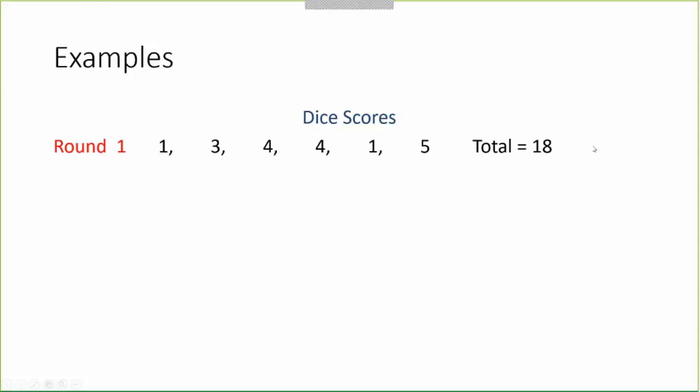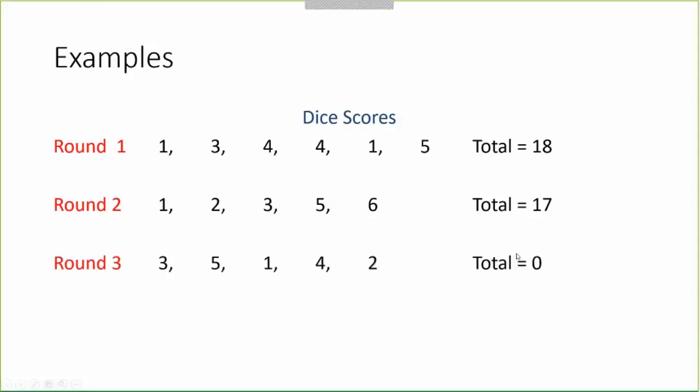So if these were the dice values that were rolled, a 1, 3, 4, 4, 1, 5, they get a total of 18. If a 2 comes up here, remember first 2 rolls are free, so that would be a total of 17. And if this comes up, even though they've got all this, 2 comes up, they're still standing, total of 0. So that's what we're trying to do, and we're trying to write some code to do that.